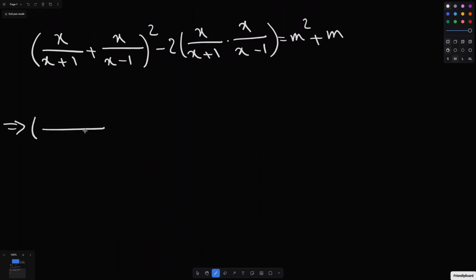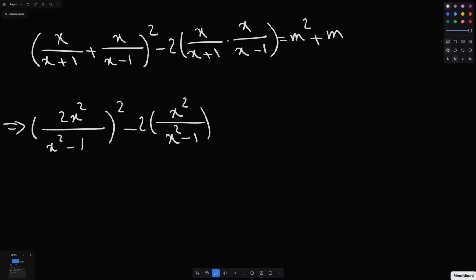For the first parentheses, I'm going to get 2x^2/(x^2-1), correct? To the power of 2, minus 2x^2/(x^2-1) = m^2 + m. So this one is just a multiplication, and this one you just add them together. This is now what I have.